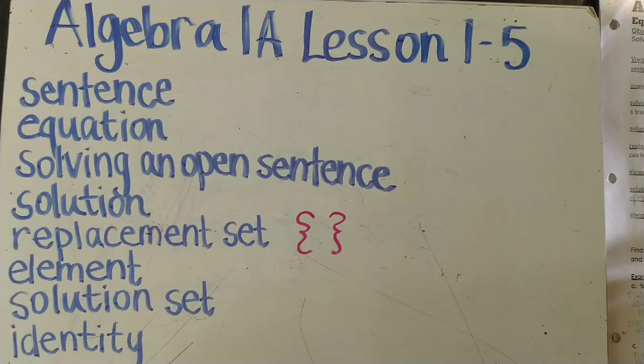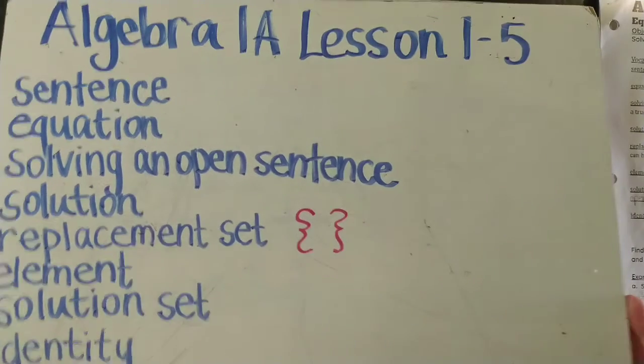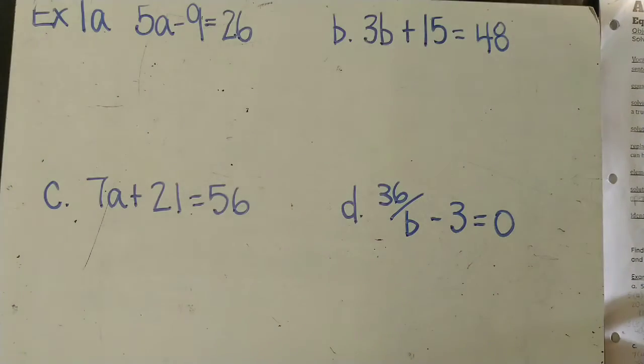Identity, an equation that is true for every value of the variable. It means no matter what value we put in for the variable, it would make it true. Now let's look at example 1. The directions say, find the solution of each equation if the replacement sets are given.